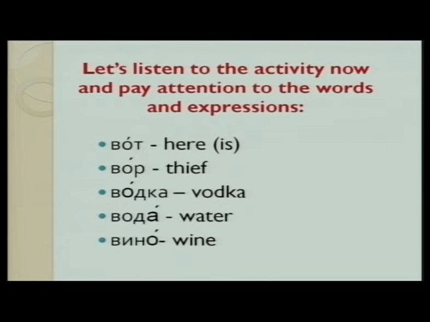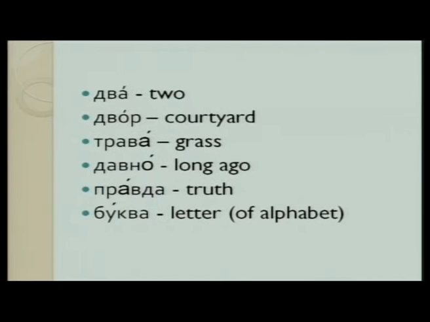Vot means here, vor means thief, vodka, a vodka, voda, water, vino, wine, dva means two, dvor means courtyard, trava means grass, davno means long ago, pravda means truth, and bukva, it means a letter of the alphabet.